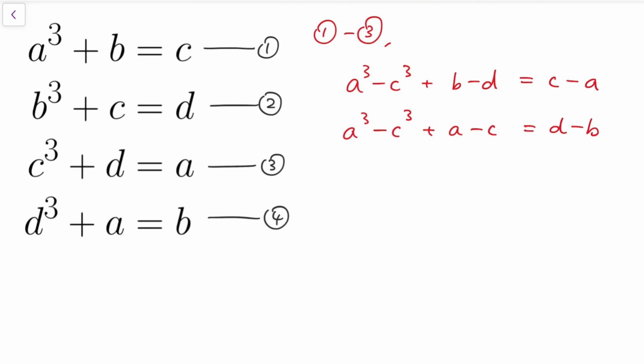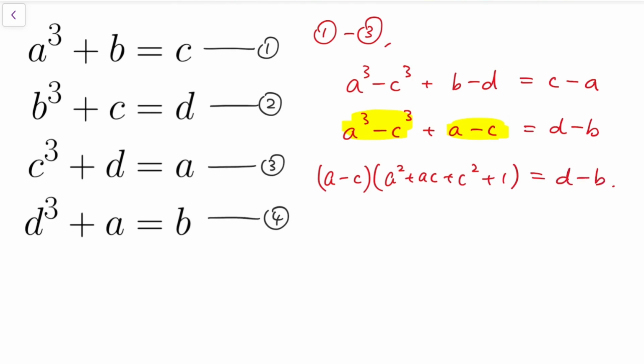The reason that I do this is that these two expressions have a common factor, which is a minus c. Taking that out, we have a squared plus ac plus c squared plus 1 inside the bracket.